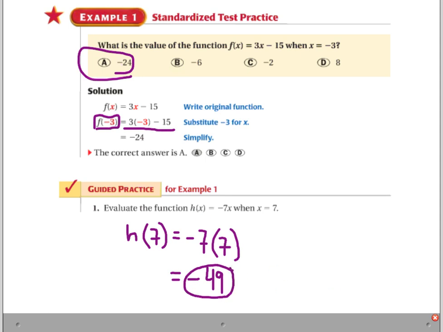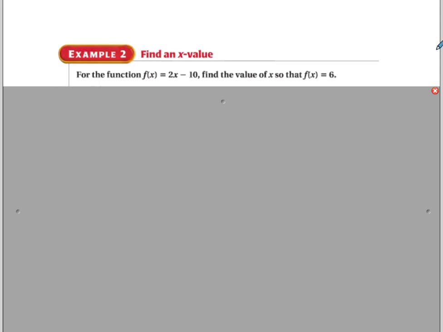The next example is if they give you that f of x equals 6, or some sort of number. How would we solve for this function? We want to find the value of x when f of x equals 6.